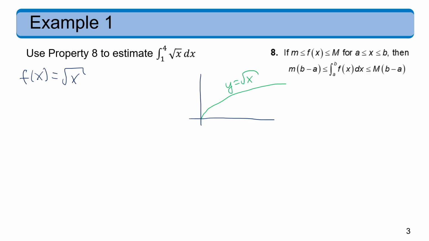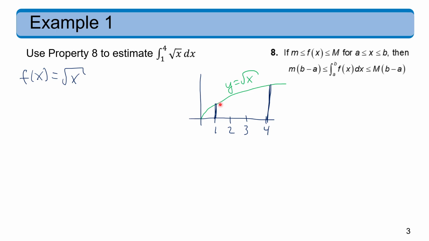Notice the limits of integration go from 1 to 4, so let's mark those off. Okay, so we're just looking over that part of it. So we want to find the lowest point and the highest point of the graph just over this piece here.